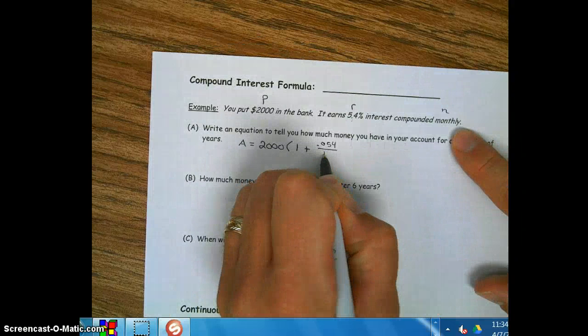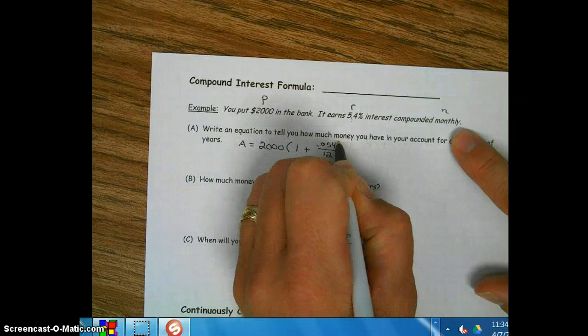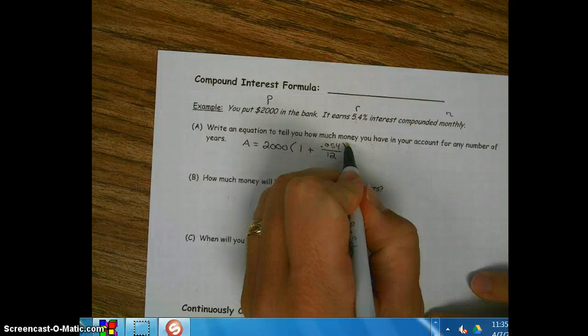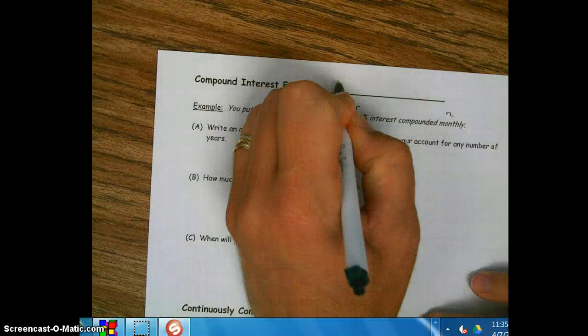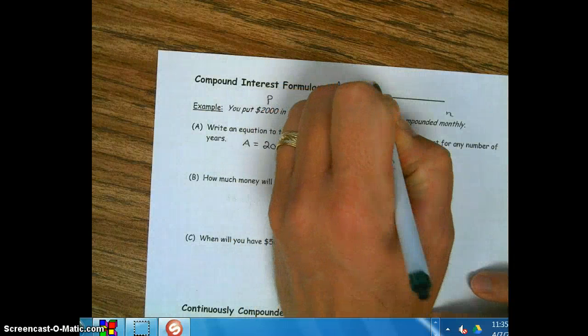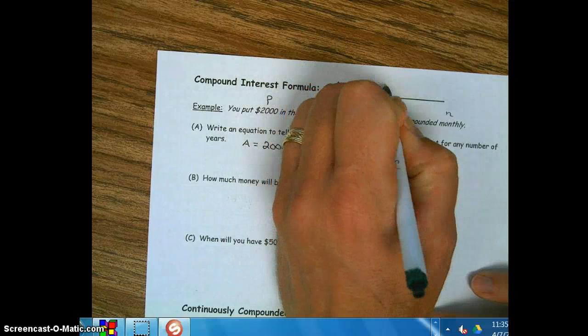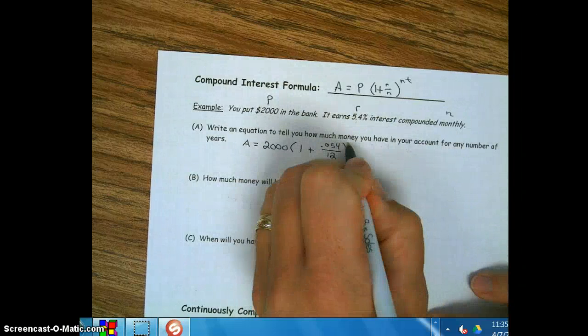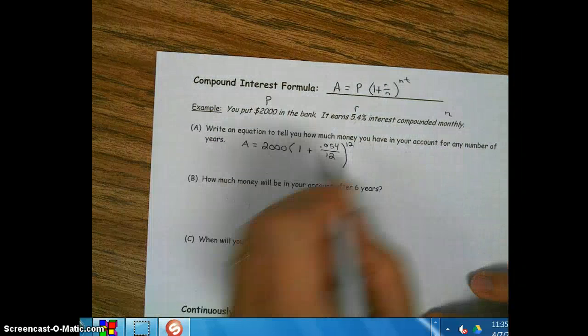Hopefully you came up with the number 12 on the previous page. Okay, and then let's write this in real quick. So monthly, so 12. It says for any number of years, so T.